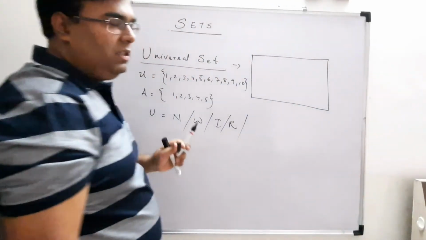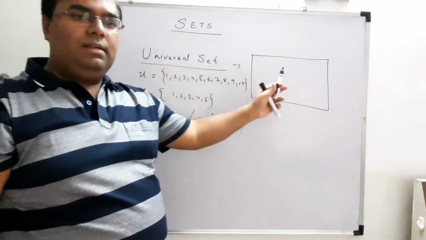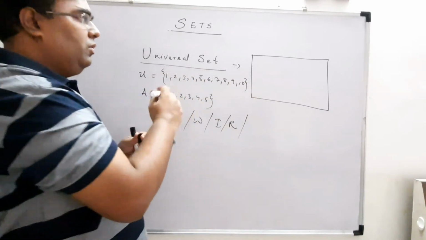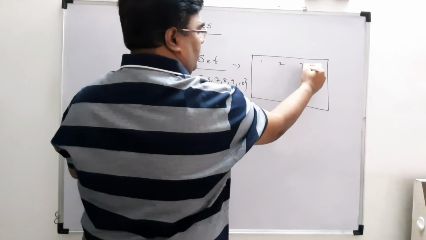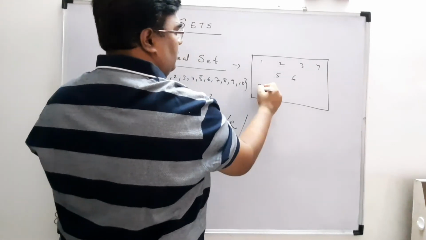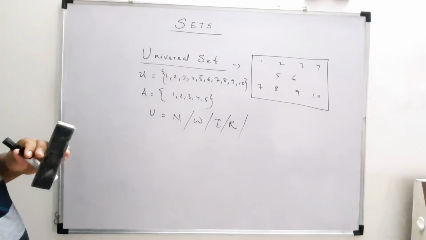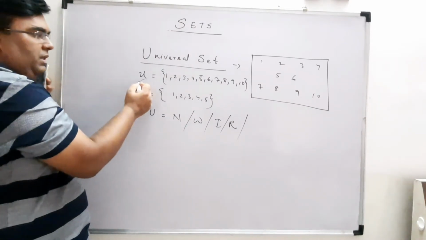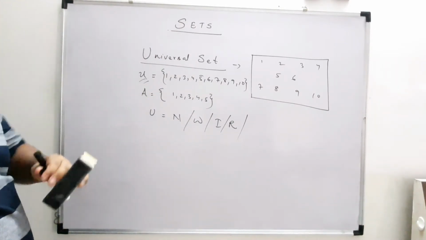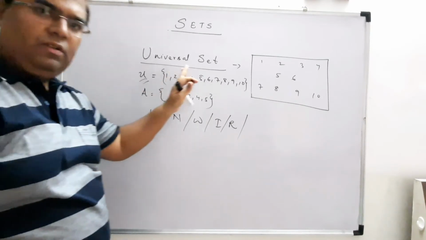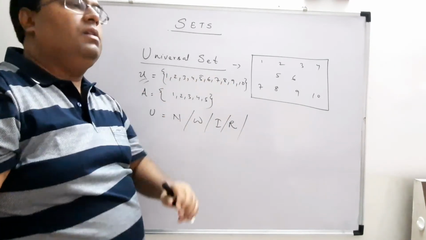And we always represent universal set in the rectangular block. You can write 1, 2, 3 like this, and in letter wise we represent it as U. Got the concept of universal set, which includes all the elements.